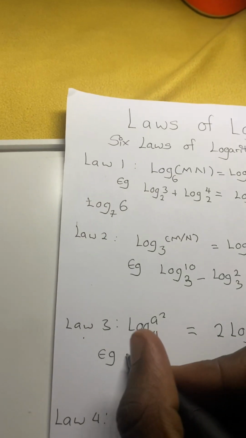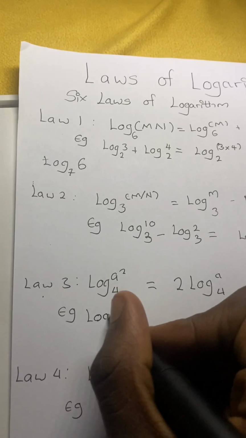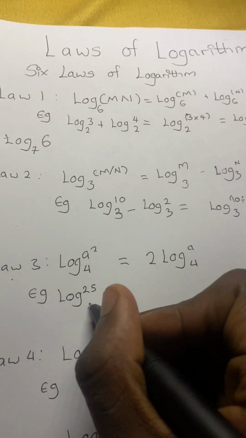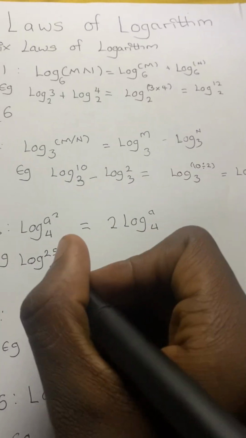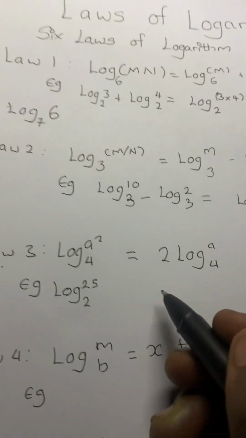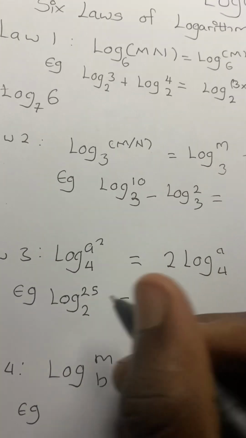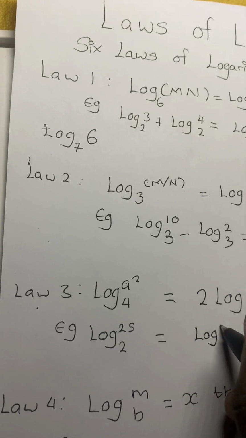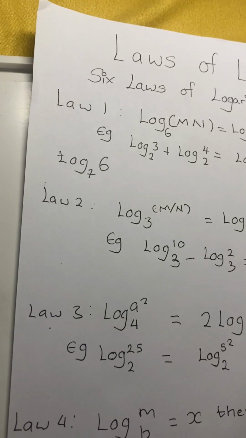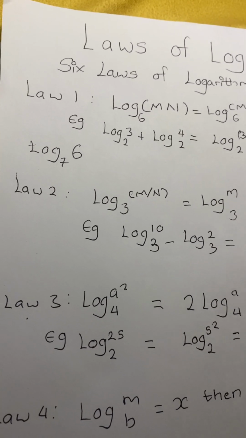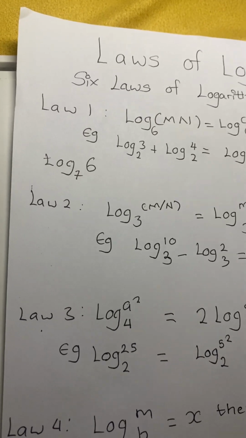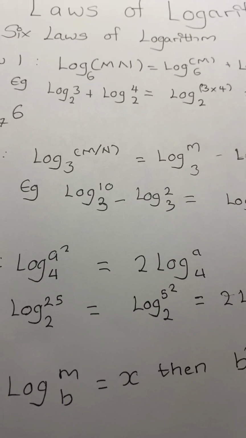Assuming I have log 25 base 2, and I want to do it straight, I'll go equals to log 5 squared all over 2, which is equal to 2 log 5 base 2. That's what it means.